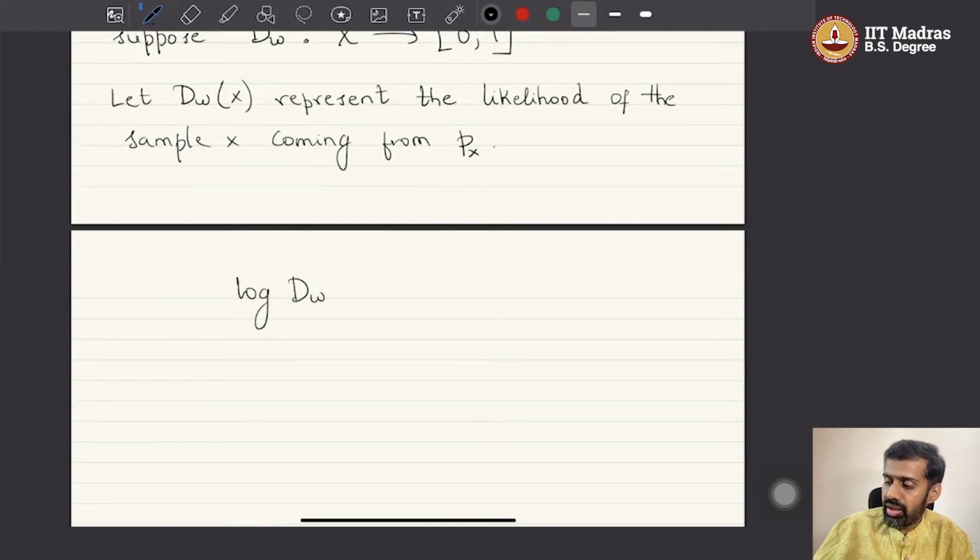So we know that the objective is to maximize the likelihood of the sample x coming from px.